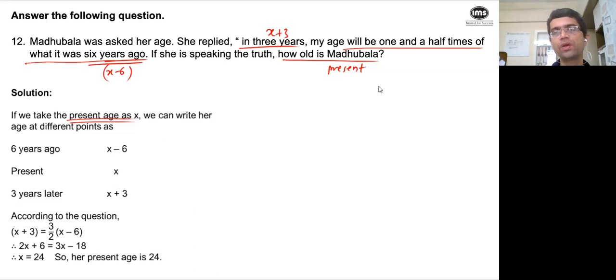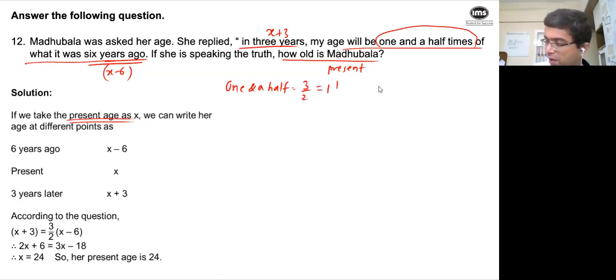The relationship between these two is that X plus 3 is 1.5 times X minus 6. Now what is 1.5? 1.5 is nothing but 3 by 2.